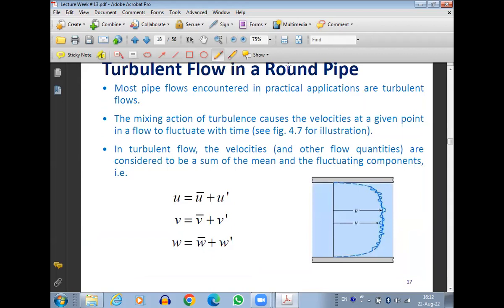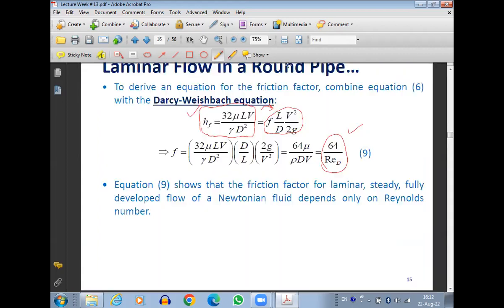That was about the case of laminar flows. Now let's say that we are talking about turbulent flows. For turbulent flow, if we want to find out head loss, we cannot use this formula directly. This formula is only for laminar flows. You cannot use this formula for turbulent flow.